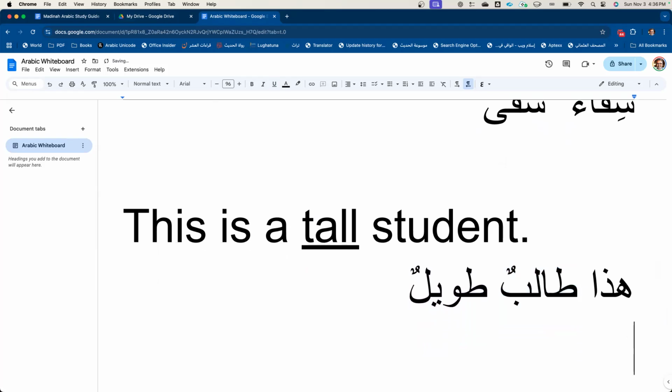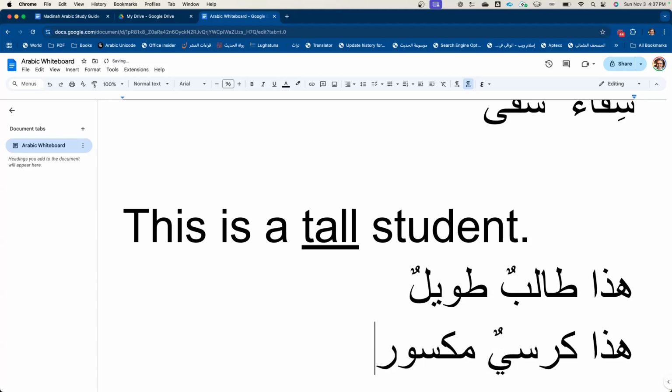Another way, for example, if I want to say this is a broken chair, I will say هذا كرسي مكسور.